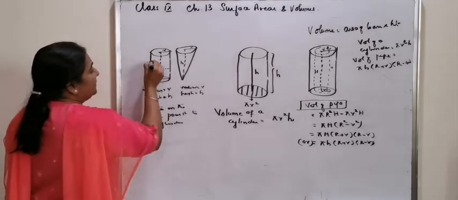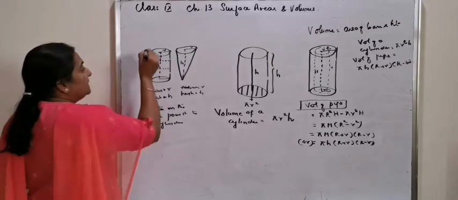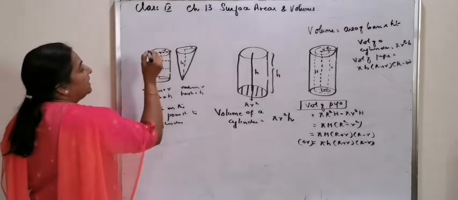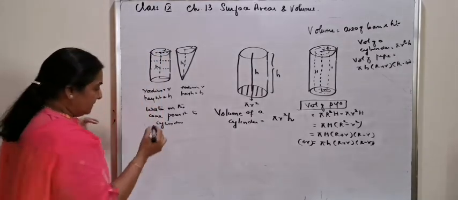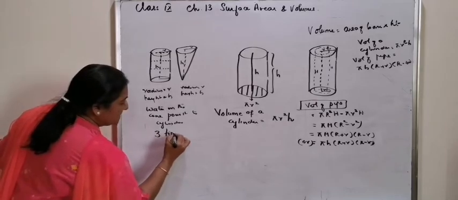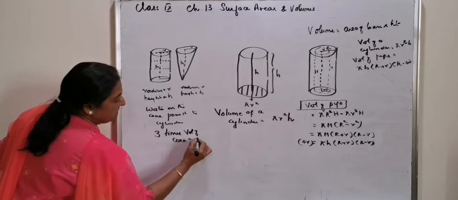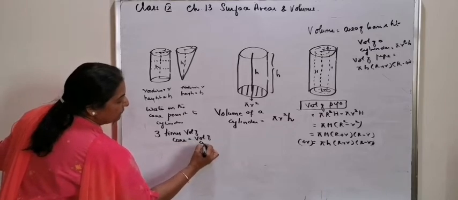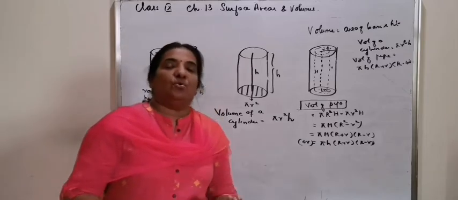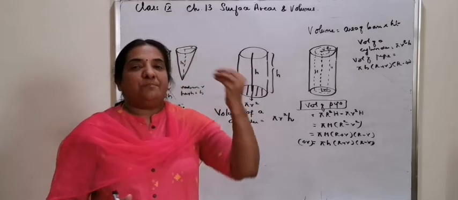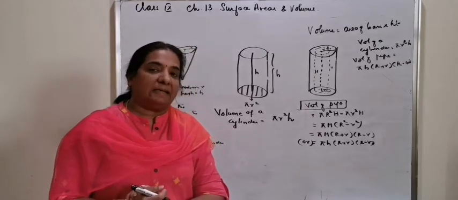The second time when you pour, it will fill 2/3, and the third time when you fill, it will completely fill the cylinder. That is 3 times the volume of the cone is giving you the volume of the cylinder, or 3 times you have to fill the cone with water and pour it into the cylinder so that the cylinder is completely filled.